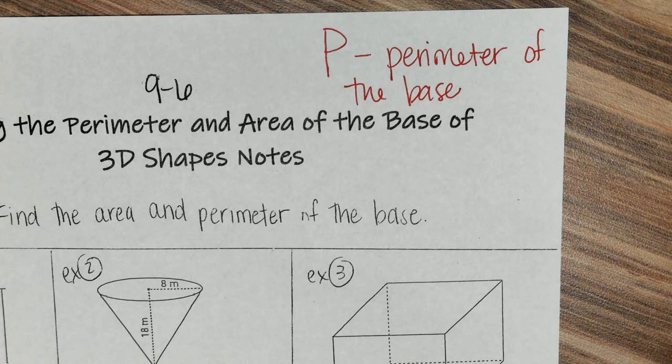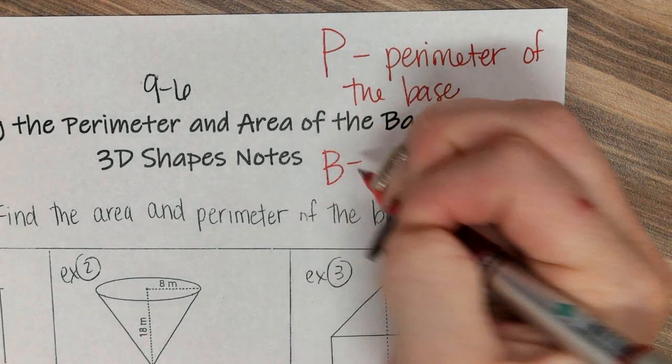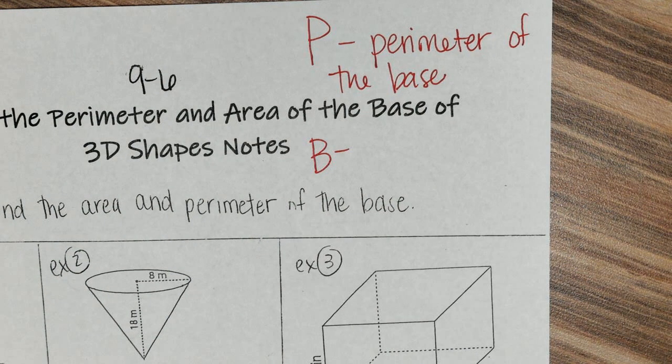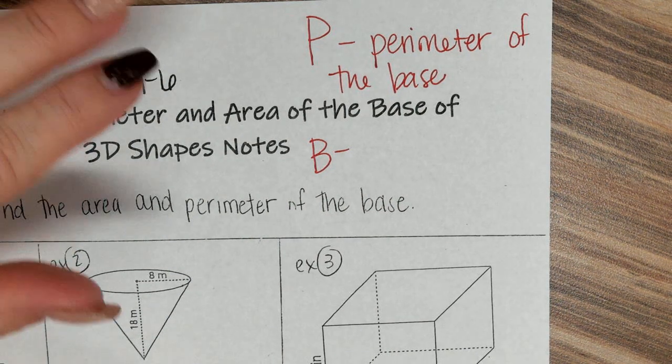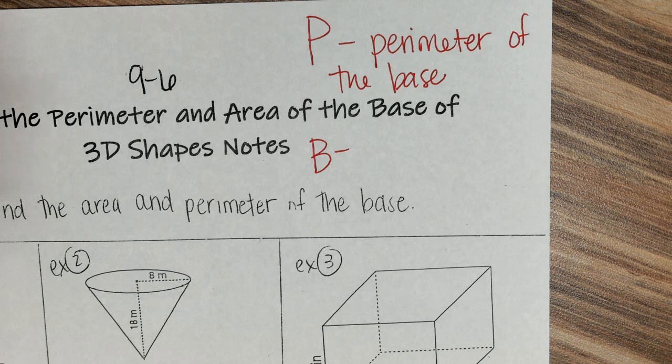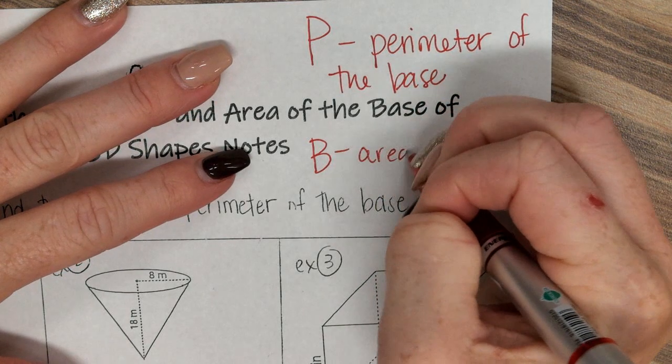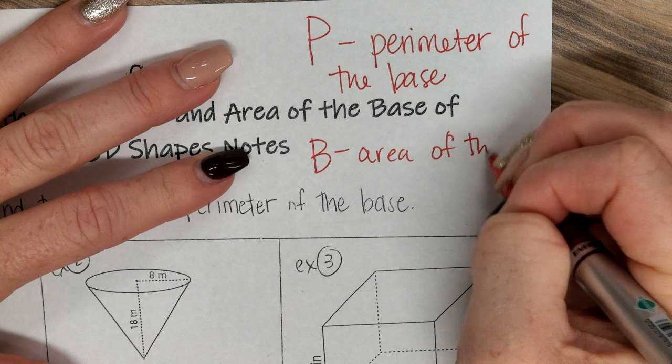The next thing you need to know is capital B. Capital B means, who remembers? We've already learned this. Very good. Area of the base.